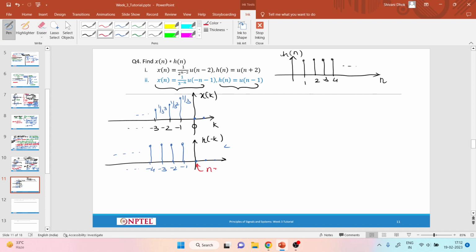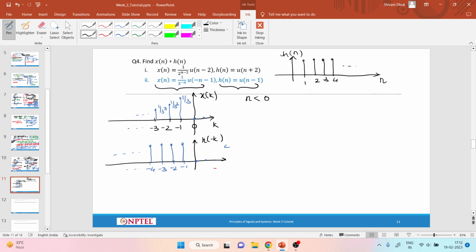Now let us look at two cases. The first case when my n is greater than 0, and the second case when my n is less than 0. So first let us look at the case when my n is less than 0.